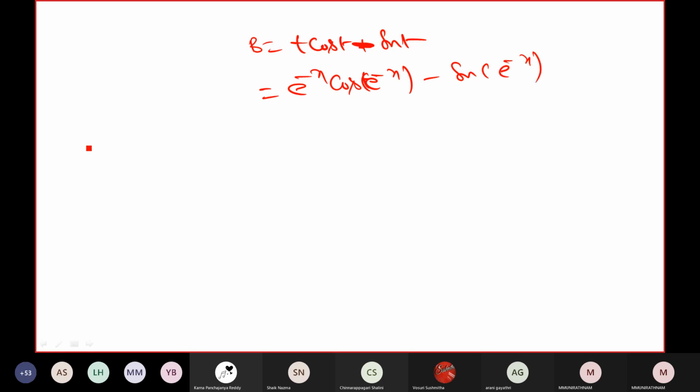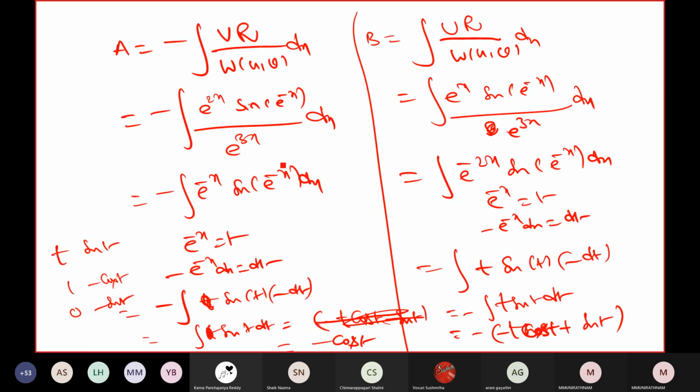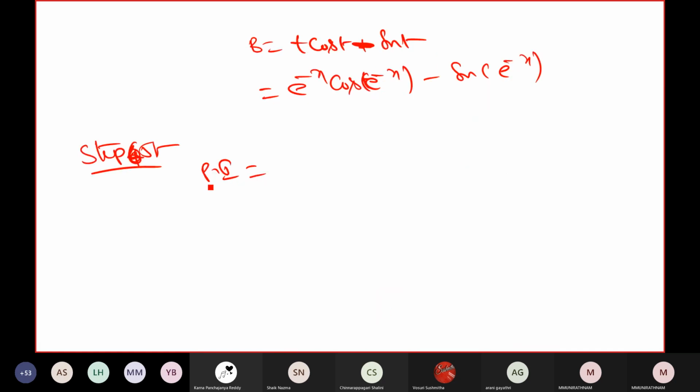So replace the A and B values. In PI, what is the A value we got? Cos t, that is cos of e power minus x, into U, that is e power x.